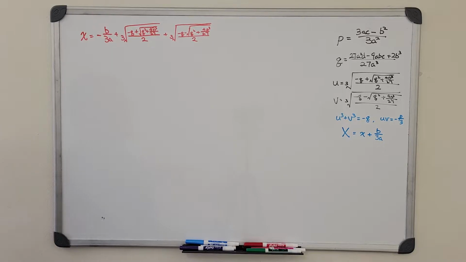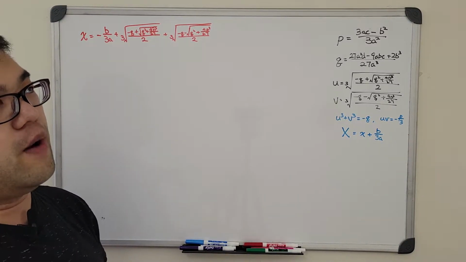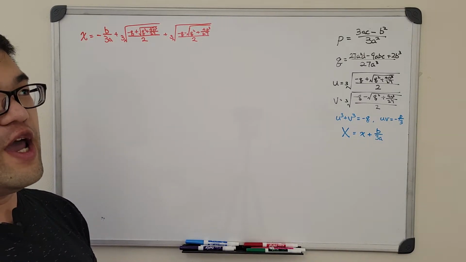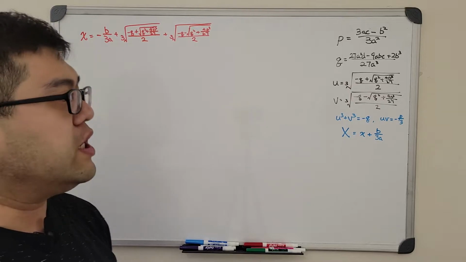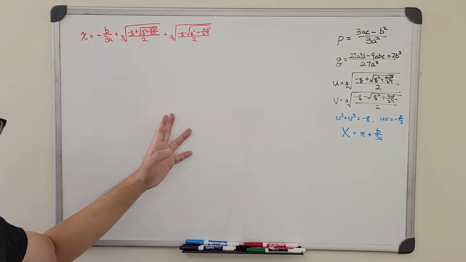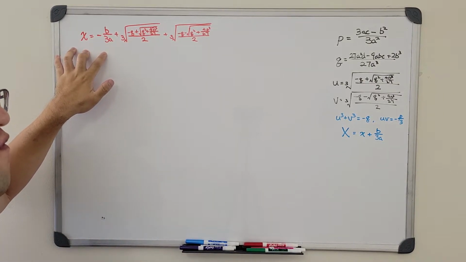Now, if you have already studied abstract algebra, especially group theory, ring theory, and also Galois theory, you perhaps already know how we can get the other 2 solutions from the first solution that we have.